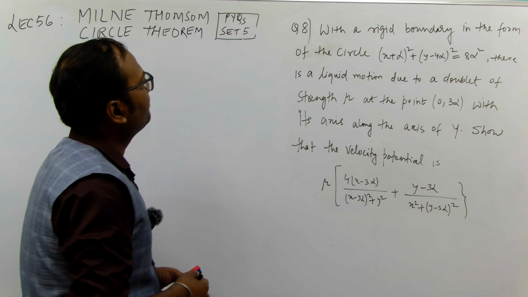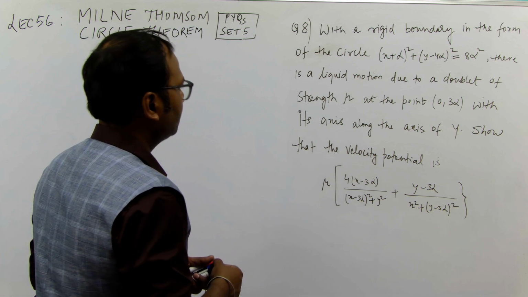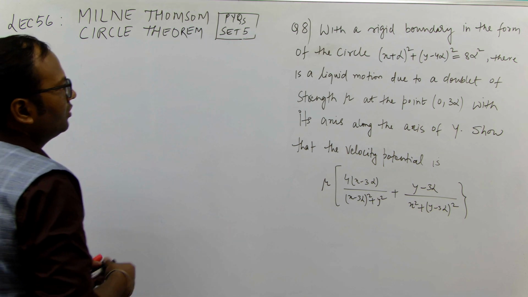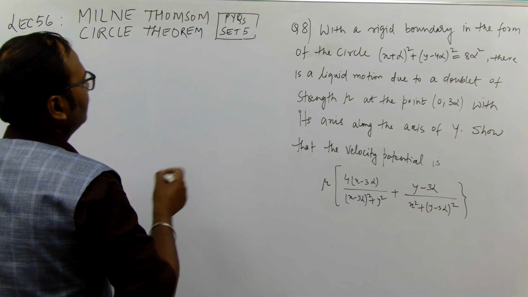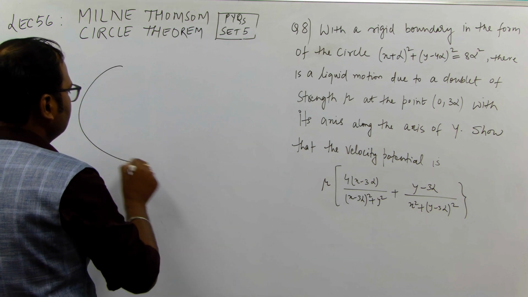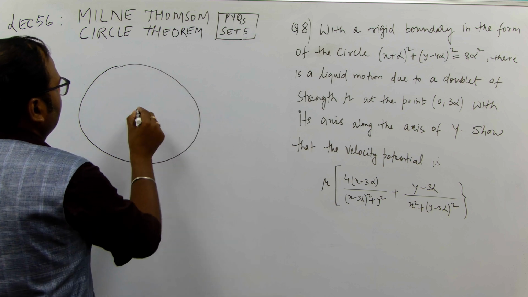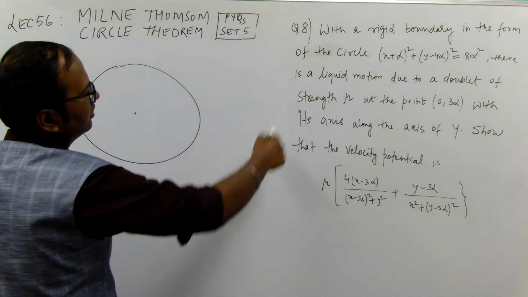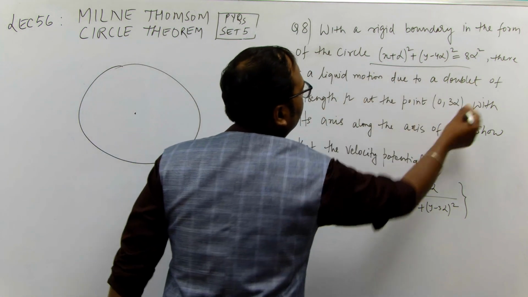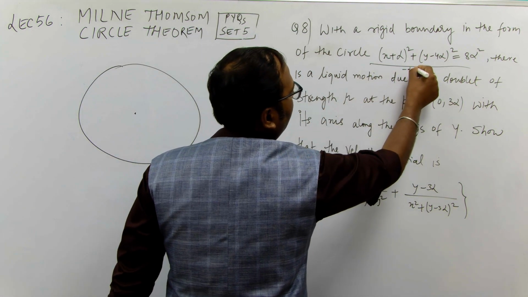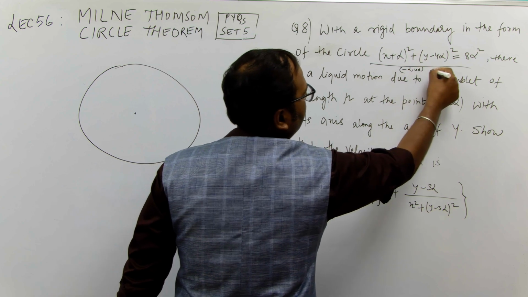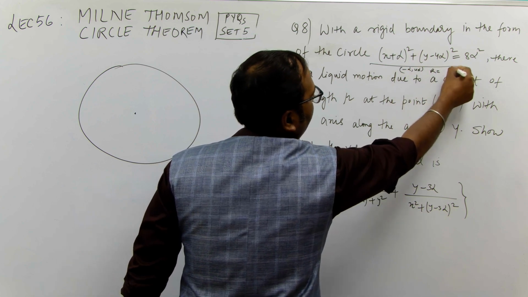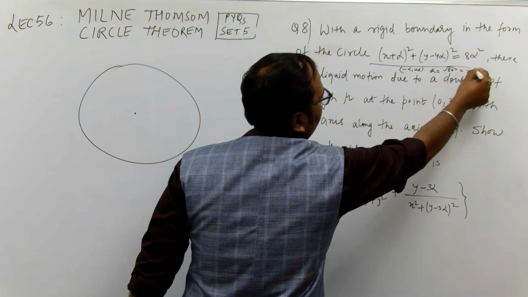Let us draw the circle. This is our expression for the circle. The center will be minus alpha comma 4 alpha, and the radius will be root 8 alpha, which is 2 root 2 alpha.